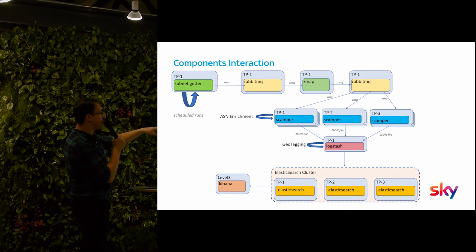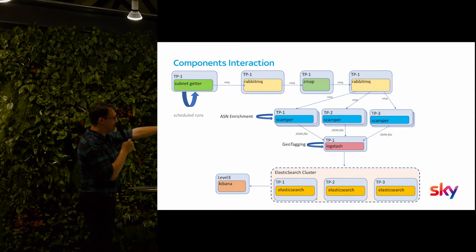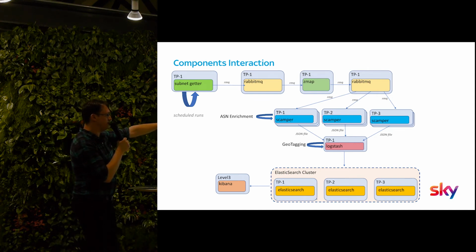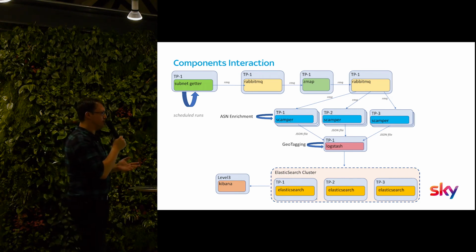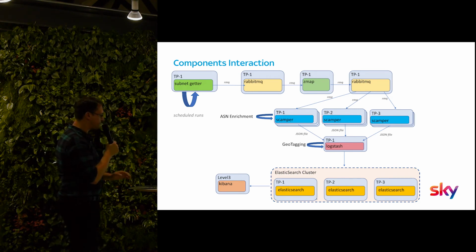Each RabbitMQ is not only publishing and subscribing, but also making sure of load balancing. For example, there are multiple Scampers running for transit provider 1. Let's say 10 hosts are coming and there are 5 of the transit provider probers, Scamper probers, there. Each prober is going to get 2 of the hosts. So RabbitMQ solves lots of scaling problems as well.